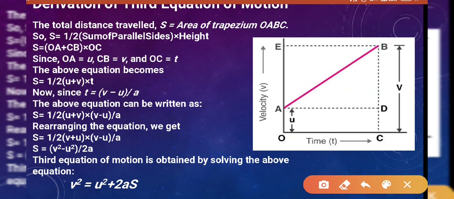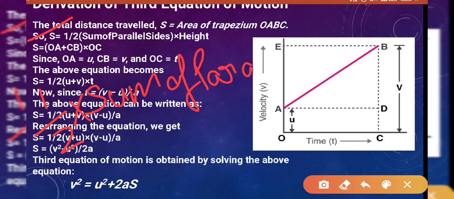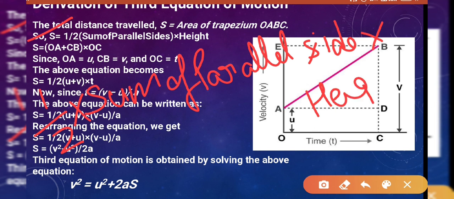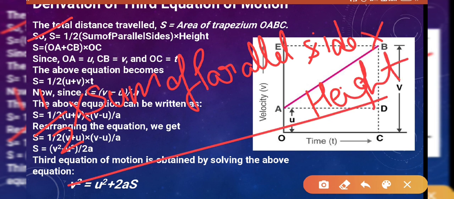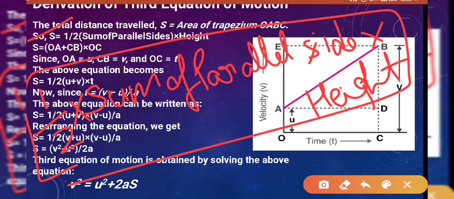Again, we know that the area of trapezium is half into sum of parallel sides multiplied by perpendicular height. This is the area of trapezium.